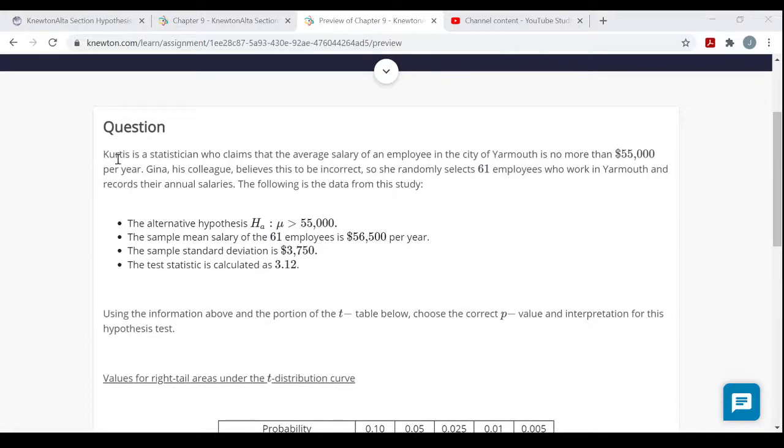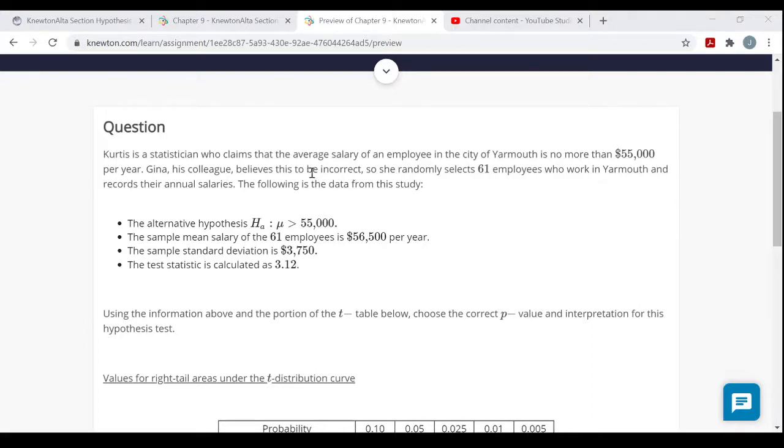Here, Curtis is a statistician who claims that the average salary of an employee in the city of Yarmouth is no more than $55,000 per year. Gina, his colleague, believes this to be incorrect.